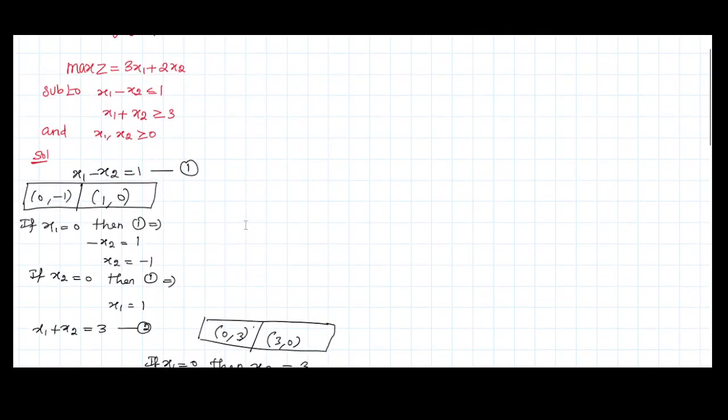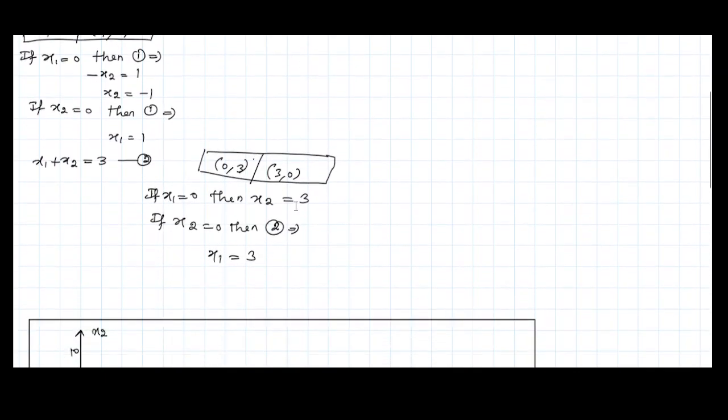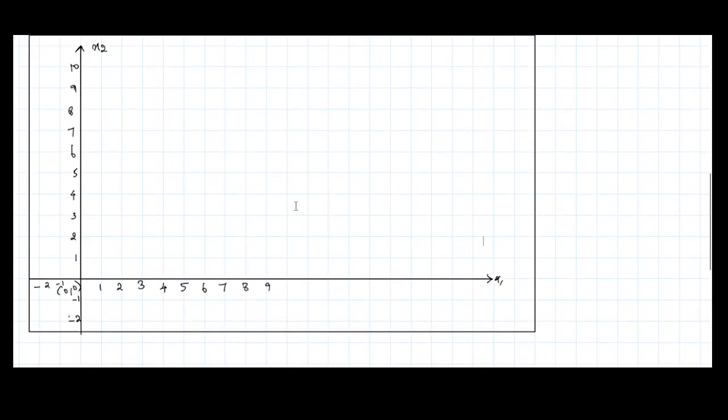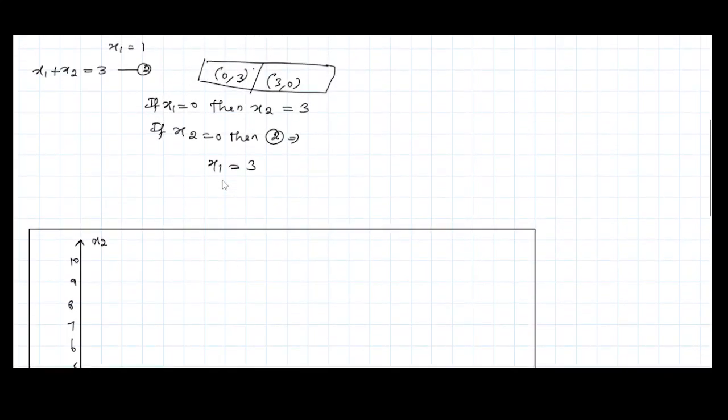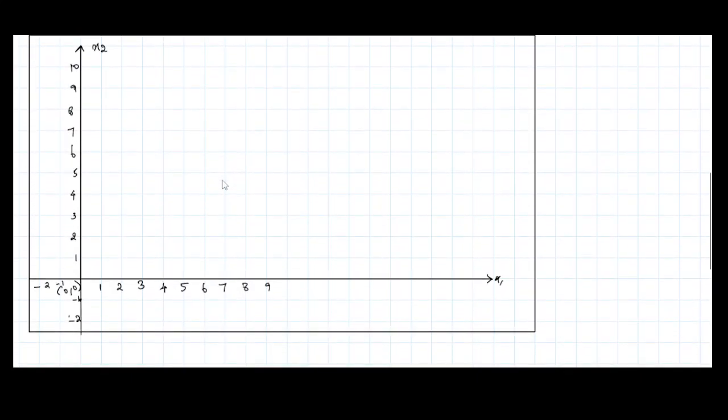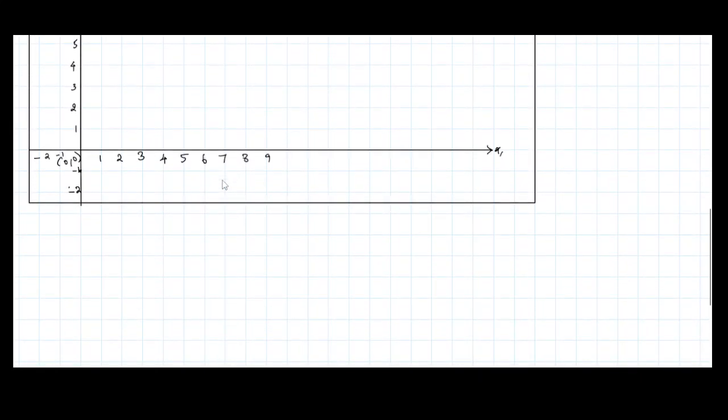Let us represent equation number 1 in the graph. Point number 1 is 0 comma minus 1, and 1 comma 0 is another point. Let us draw a line.